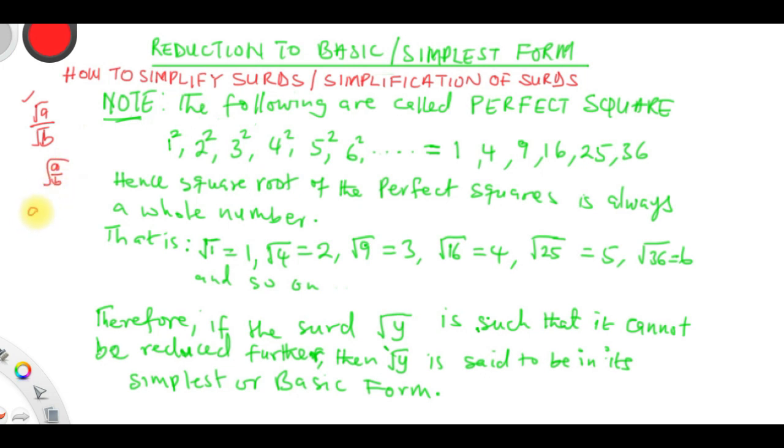And also if you have square root of ab, which means a multiplying b under one square root sign, how can we handle this? We learned that we can separate them and put each one of them under its own square root sign. Have you seen? That is what we mean.